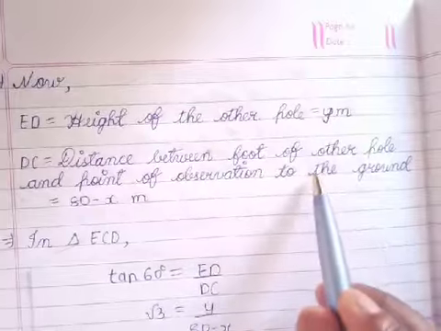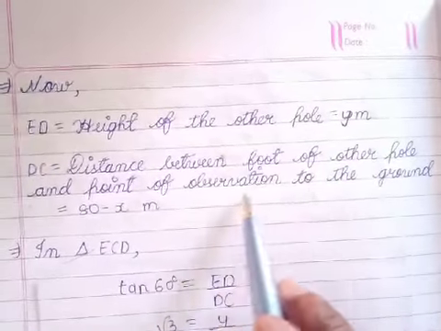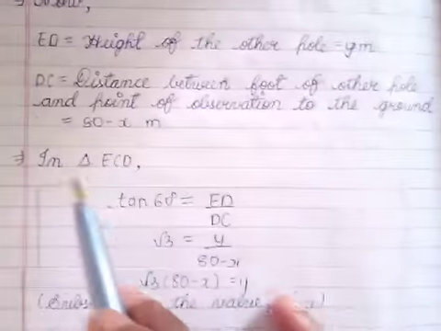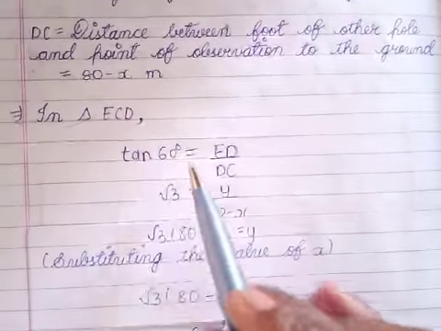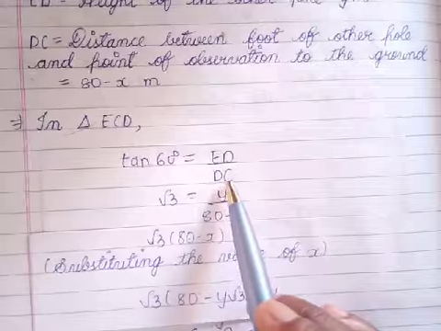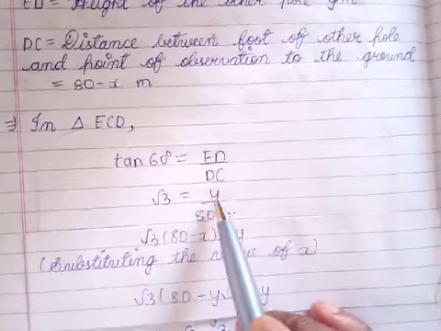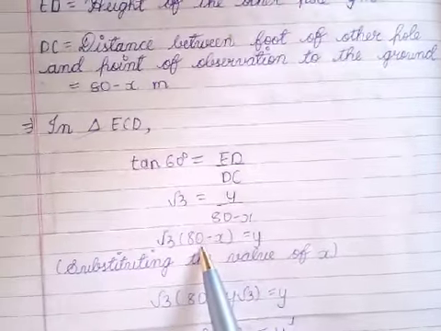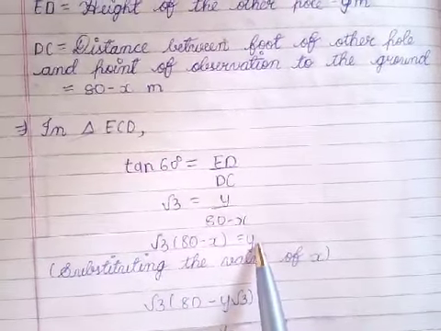CD, the distance between the foot of the other pole and the point of observation on the ground, is equal to 80 minus x. In triangle ECD, tan 60 is equal to ED upon DC, so root 3 is equal to y upon 80 minus x. If we multiply, root 3 into (80 minus x) is equal to y.